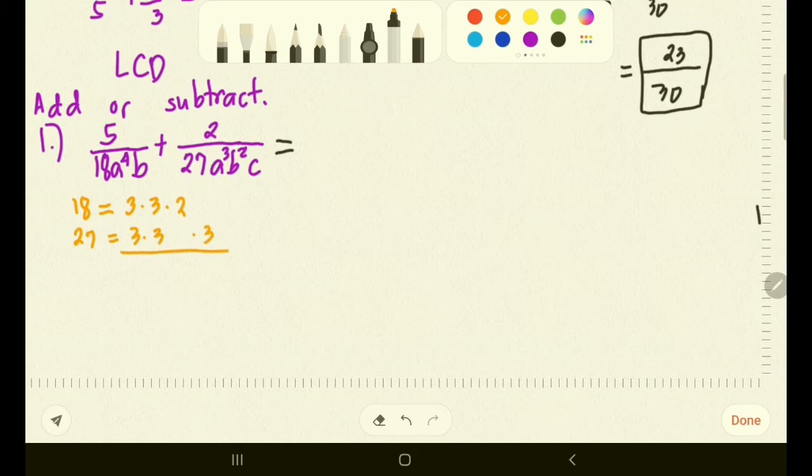So, get the LCM. The 3s are common. Since we're talking about LCD, you also include the non-common. So you multiply: 3 times 3 is 9, times 2 is 18, times 3 is 54. So that's the LCD of the numerical part, 54.